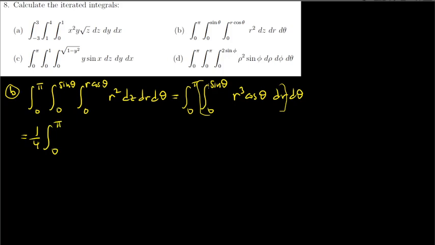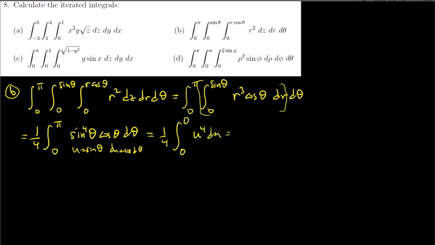So I think that's just sine to the 4th, right? Cosine to the 4th. So that's just a straightforward substitution, right? U is sine, du is cosine. And sine of pi is also 0. So you're integrating from 0 to 0. So of course you just get 0.